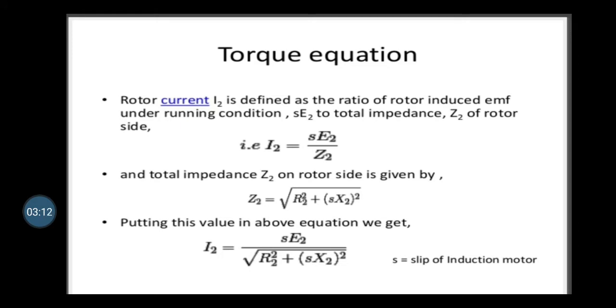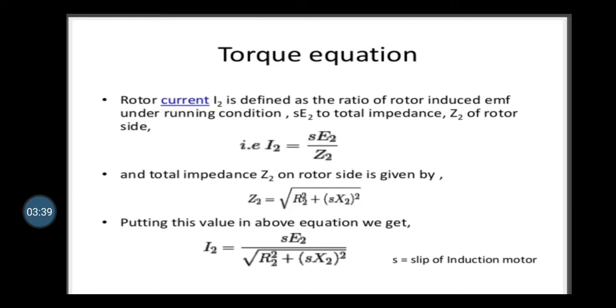Now the rotor current, the value of rotor current I2 is equal to SE2 upon Z2. In this equation, SE2 is the rotor induced voltage, where S is the slip, E2 is the rotor induced voltage at standstill, and Z2 is the total impedance of the rotor.